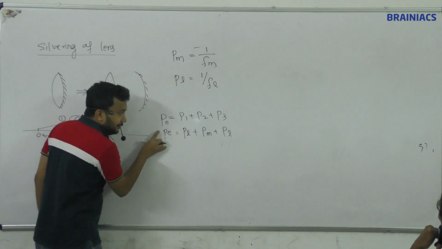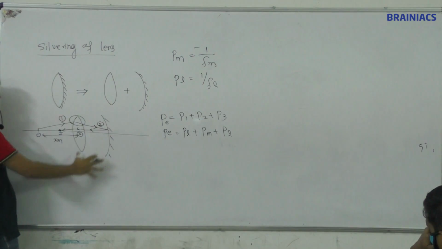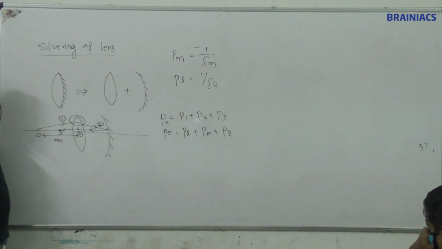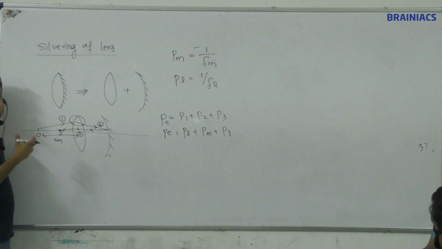So this is called effective power. Effective power means whether the whole structure works effectively as a lens or as a mirror. Effectively it is reflecting back, so effectively it is a mirror.